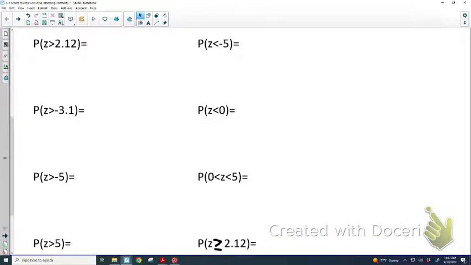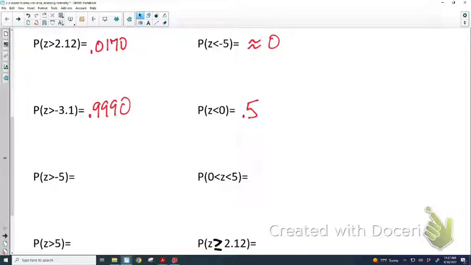Greater than 2.12, hopefully you got 0.017. Less than -5, I would say approximately 0. Greater than -3.1, that's close to the whole curve. Less than 0, isn't that less than the mean? Shouldn't it be exactly 50%?